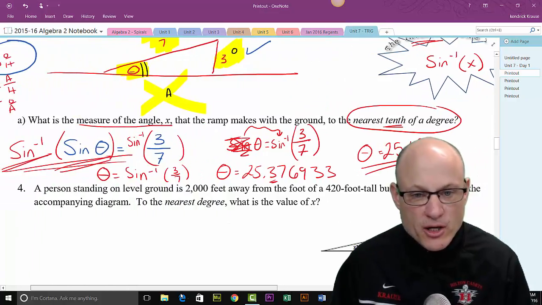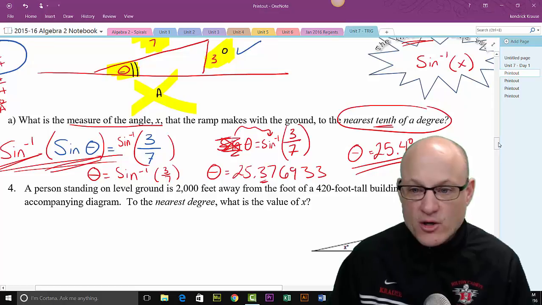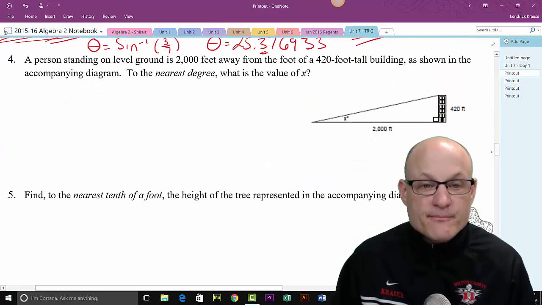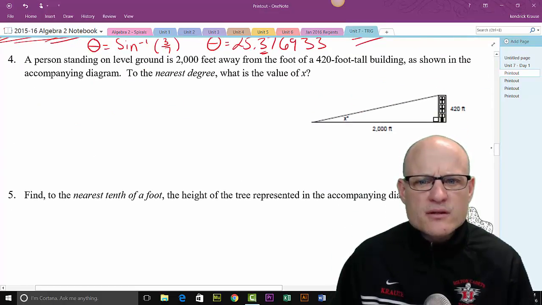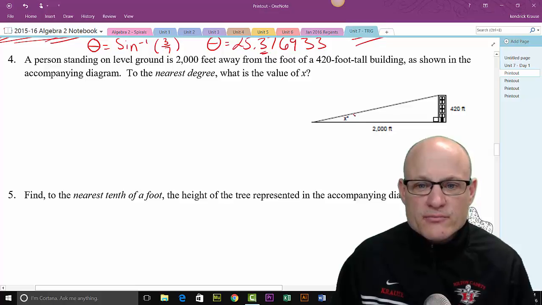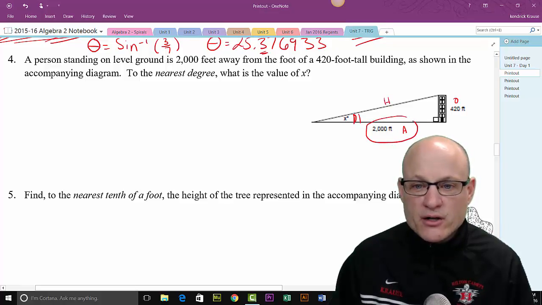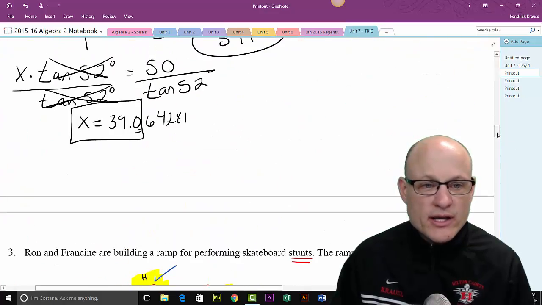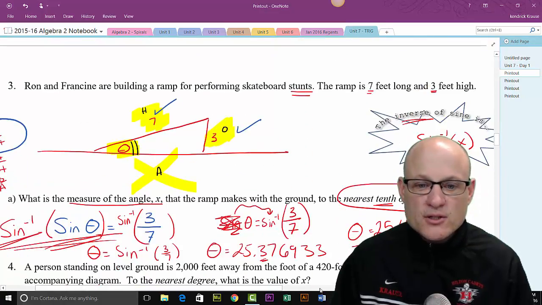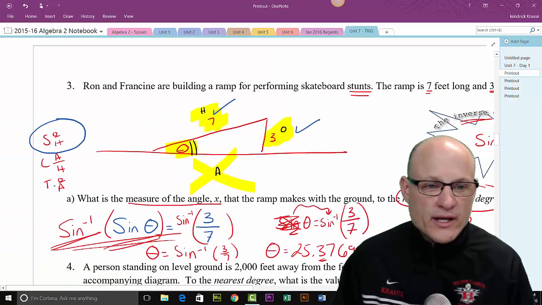Now, on this one, I'm doing them all. In class, I did not do them all. Let's see. I want to find x. So I label my diagram O, A, and H. The two sides that are in play are O and A. O and A is tangent.